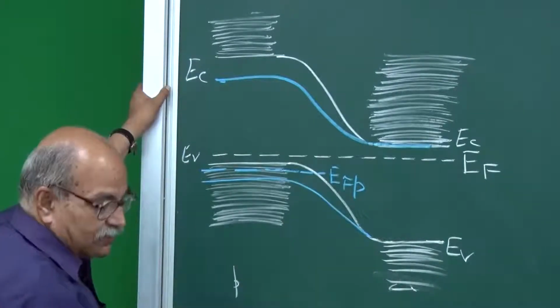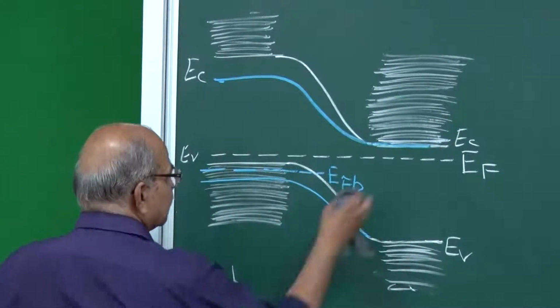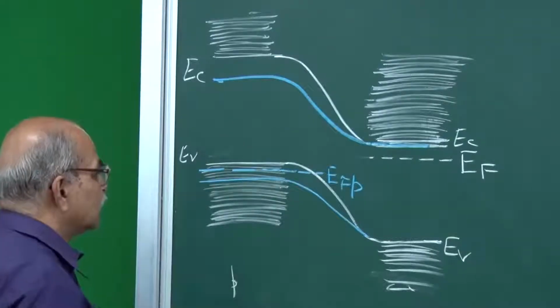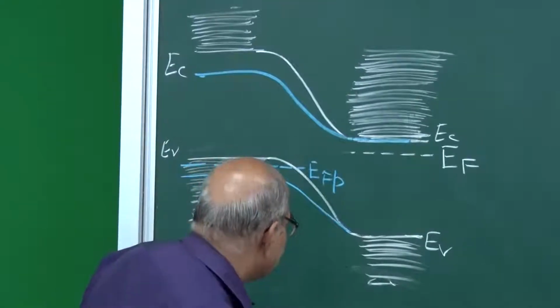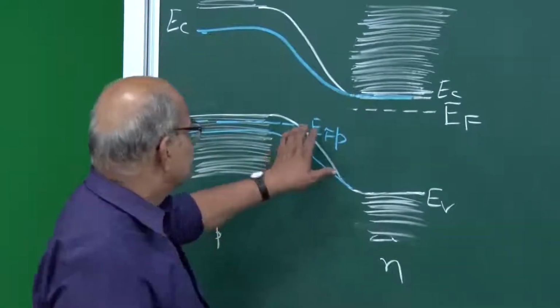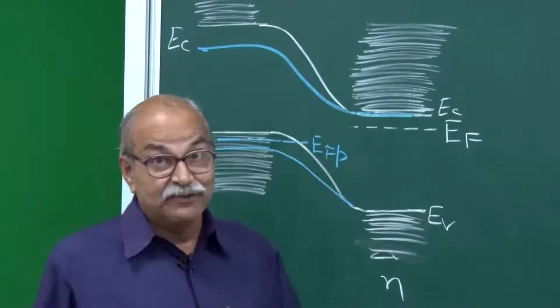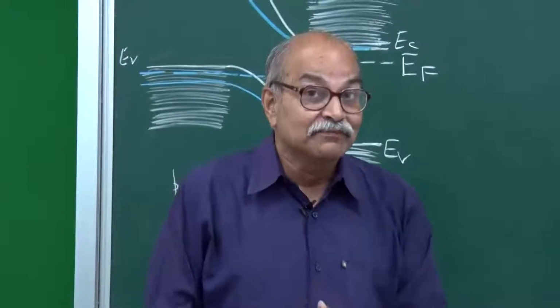Alright, so now you have two Fermi levels. For the P side you have a shifted lower Fermi level, and for the N side you have a different Fermi level. Here this is lower, this is higher. I told you that for one system you should have one Fermi level, but that was for equilibrium.